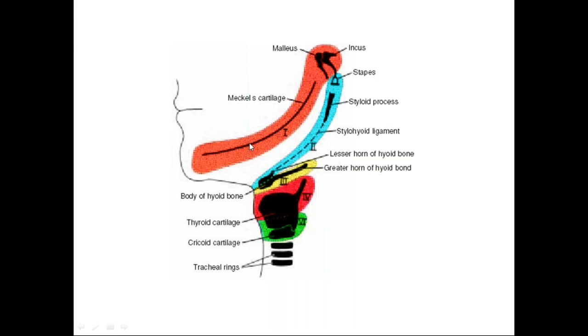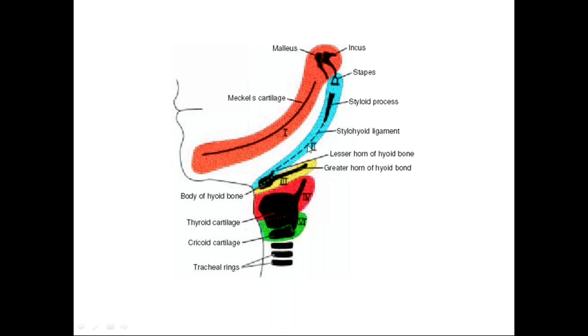The cartilage of the first arch is known as Meckel's cartilage. This Meckel's cartilage forms the mandible, malleus, incus. So the cartilaginous part of the first arch, Meckel's cartilage, will help in formation of the mandible, the lower jaw, the first bone to form, malleus, incus.